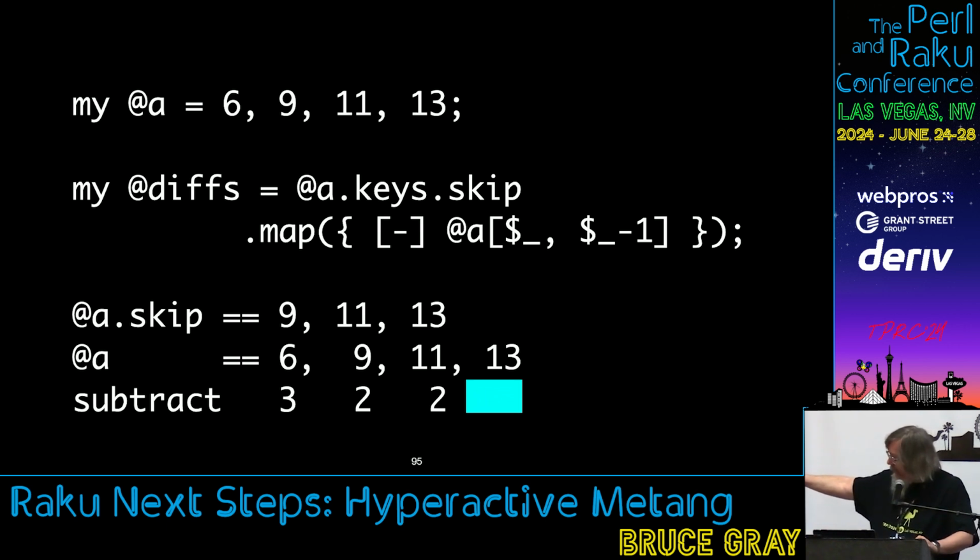So I have A, keys, skip. So it's going to be 1 to whatever instead of 0 to whatever. And then in a map, I can ask it for the current position and the prior neighbor, right? So $_ and $_ minus 1, that's the current one and the one before. And it won't ever be undefined because I skipped 0. And then ask what the difference is.